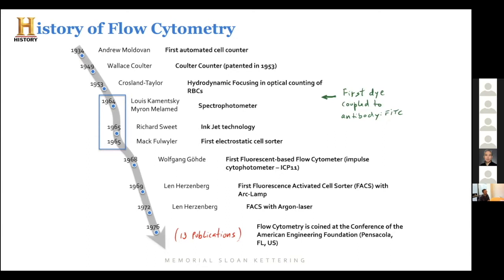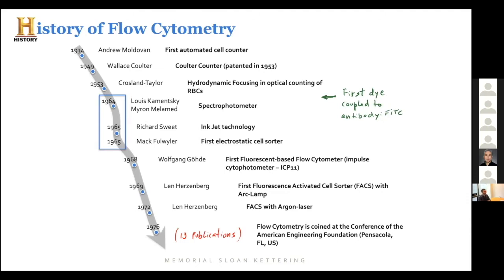In the 1960s, Mack Fulwyler developed the first electrostatic cell sorter, based on inventions by Louis Kamentsky, who was at IBM, and Myron Melamed, who was here at MSKCC trying to distinguish cells from healthy patients versus cancer cells. They developed a spectrophotometer, and also an invention by Dick Sweet, who invented the inkjet technology as we know it, and that was used by Mack Fulwyler to develop a cell sorter.